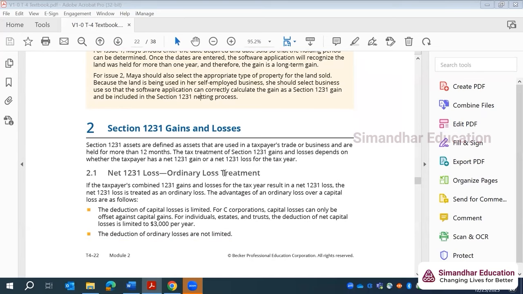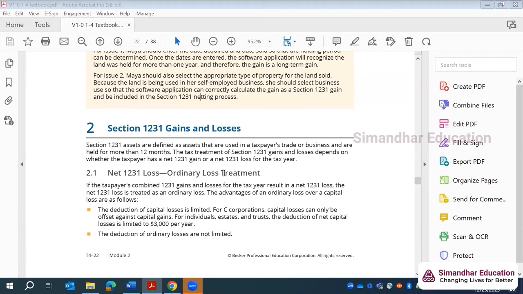The reason is that there are some favorable provisions by the Internal Revenue Service for this section. It says that if you have a property which is used in your ordinary trade or business and you hold it for over a year, when you sell such property for a gain, the gain is treated as a capital gain.